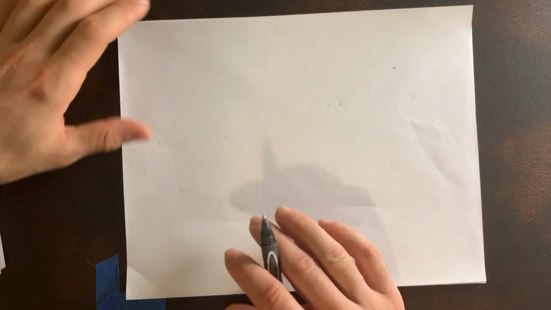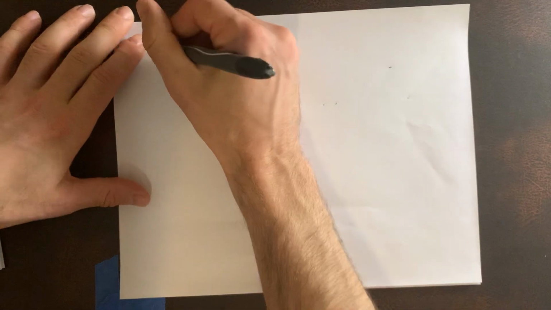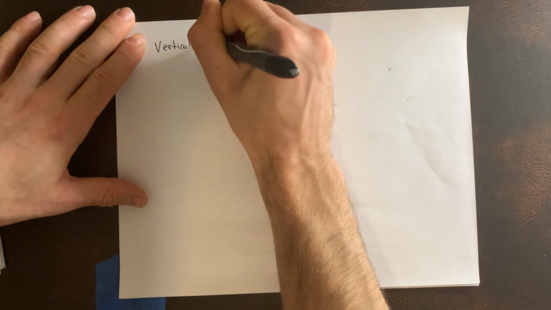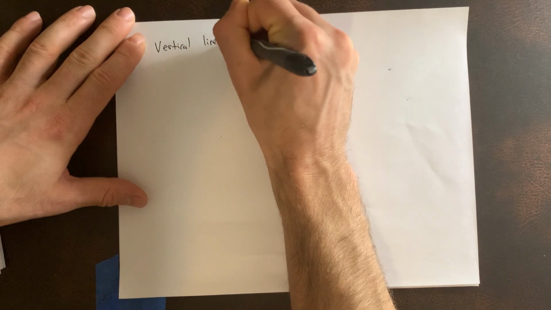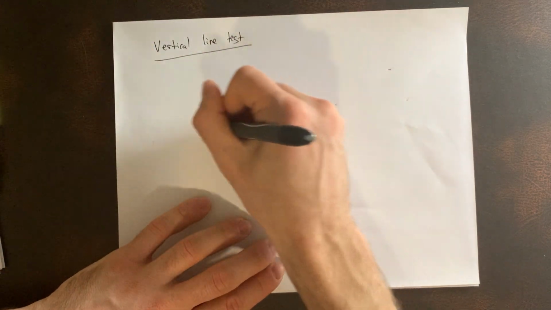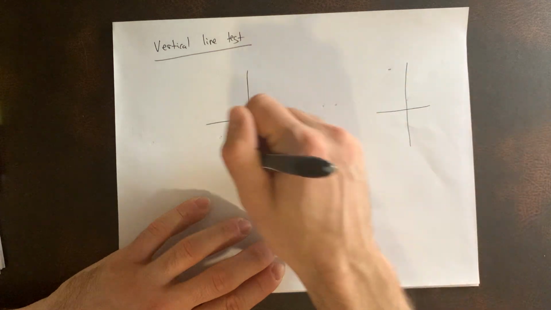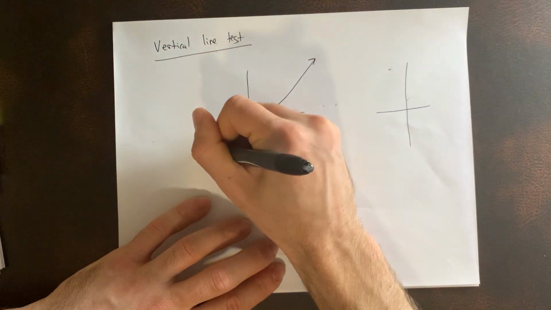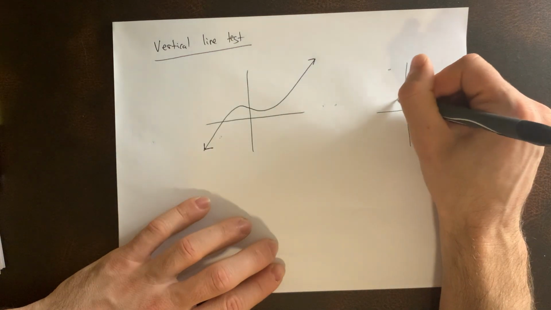So this last thing is just a little definition, something called the vertical line test. So say we have 2 graphs, something that looks like this, and then maybe one that looks like this.